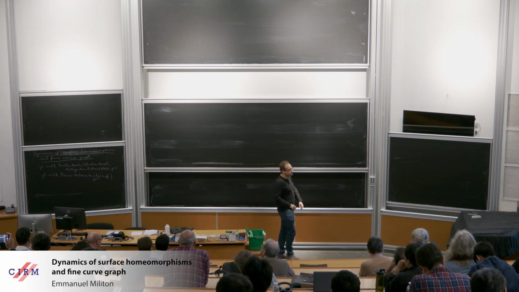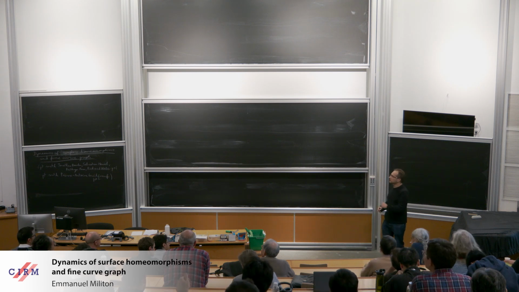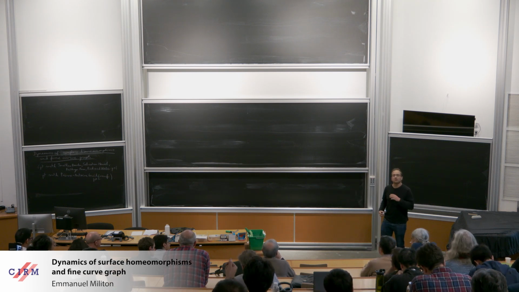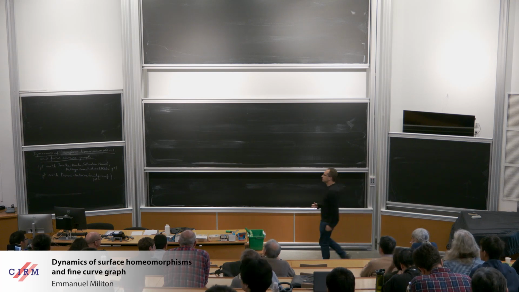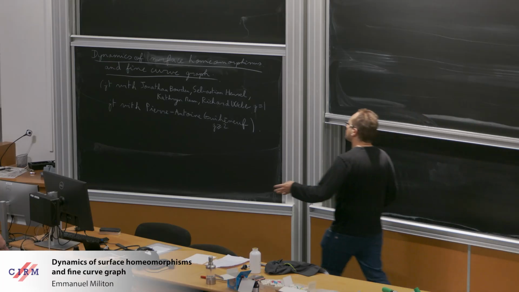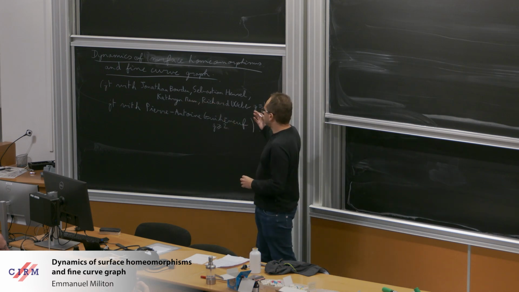As the case of the two torus is a bit different, I will focus in this talk on the case of homogeneous surfaces, but the techniques we used with Pierre-Antoine are similar to the techniques we used in the case of the two torus.